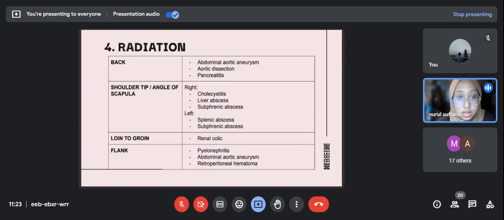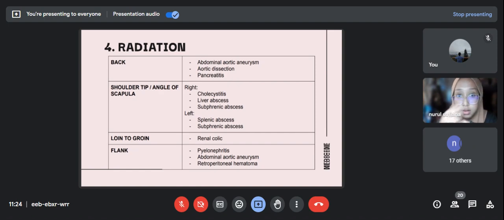Causes could be cholecystitis, liver abscess, subphrenic abscess, and also splenic abscess. Pain that radiates from loin to groin is renal colic, and pain that radiates to the flank could be pyelonephritis, AAA, and also retroperitoneal hematoma.